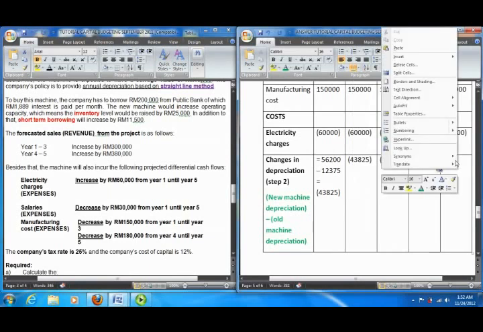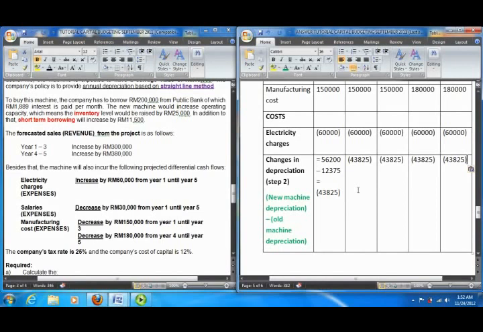Okay, class, the old machine, as you can see, has another 5 years. And this new machine also 5 years. That's why the amount of changes in depreciation is the same. However, as an example, if the old machine has only another 2 years left but the new machine is 5 years, then for year 1 and year 2, your changes in depreciation is your new machine minus your old machine depreciation.